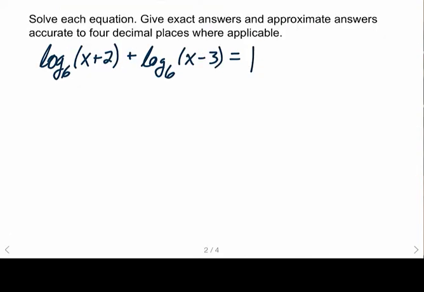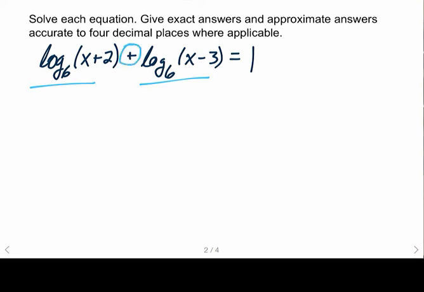Next, we have a logarithmic equation. And I know this because I have a variable inside of a log. It is the log base 6 of the quantity x plus 2 plus the log base 6 of the quantity x minus 3 is equal to 1. On the left-hand side, we have these two logarithmic expressions that are being added.